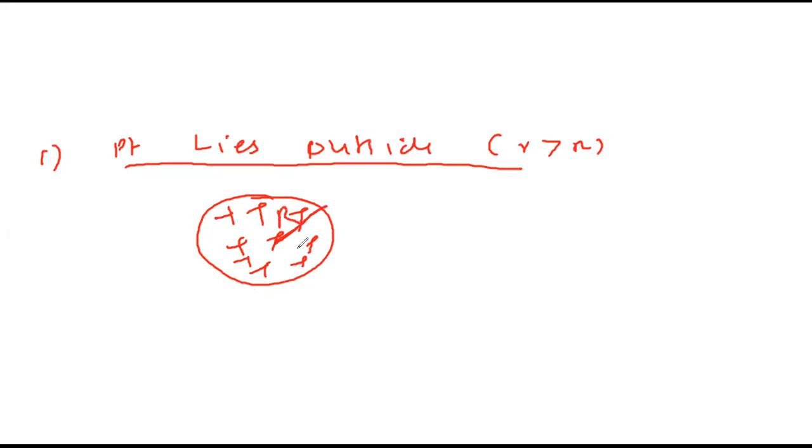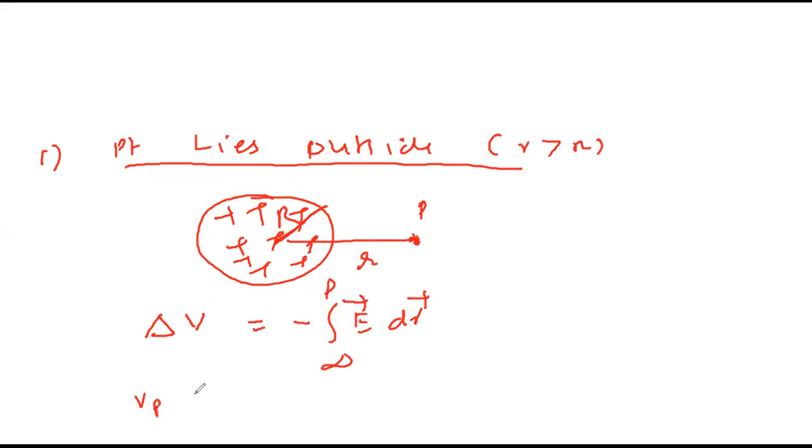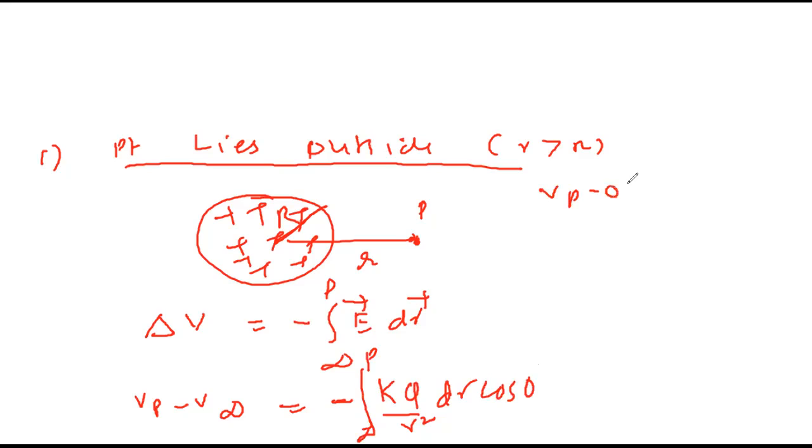Radius of the sphere is R, point P is outside at distance r. So the total change in potential is the integration of E dr from infinity to point P, because from infinity we are coming to point P. So Vp minus V infinity will be minus the integral of E, whose formula is kq upon r square, into dr into cos 0, from infinity to P. Therefore we get Vp minus 0 is minus kq integration of r raised to minus 2 dr from infinity to r.